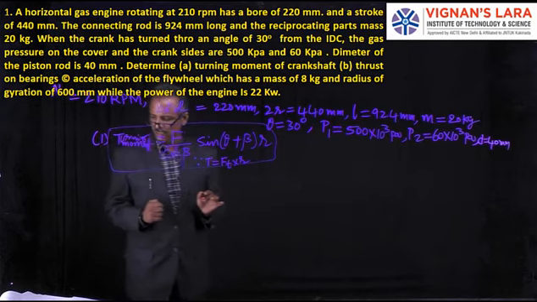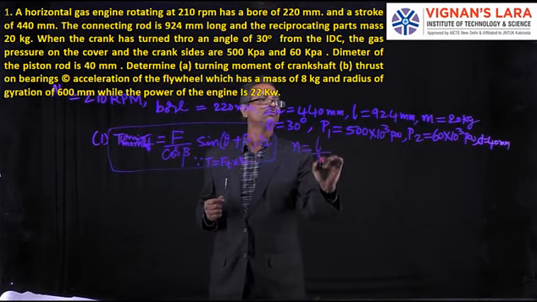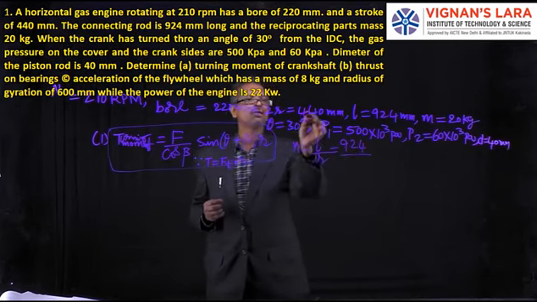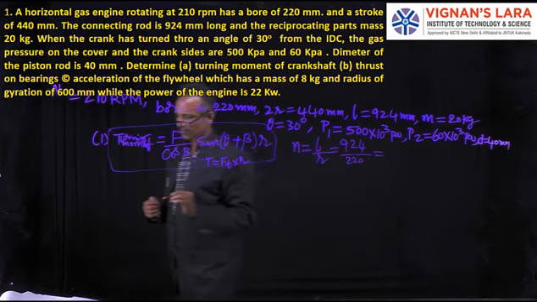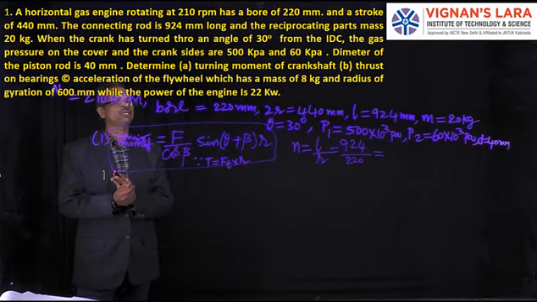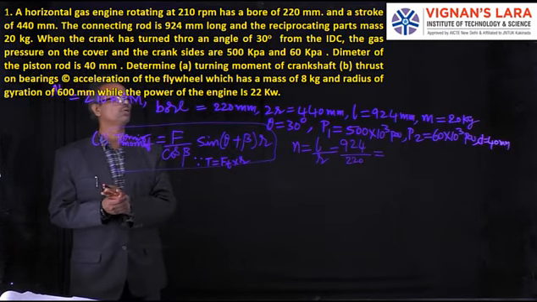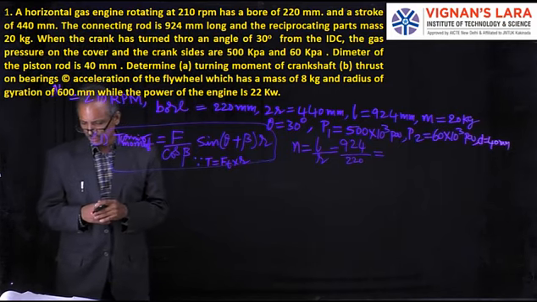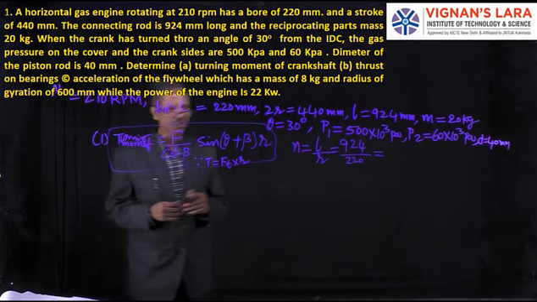So let us see n. We know n is L by R. Stroke is nothing but 2R, so R is equal to 440 by 2, which is 220. L is 924, then L by R, by substituting this, you get the n value as 4.2.